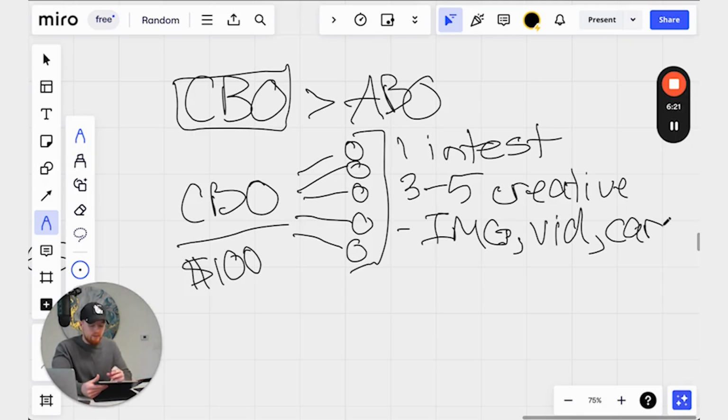So if I'm running a product that can be sold with image ads, I'm going to run image ads in a separate campaign than I would with video ads. If I am running a product that needs video ads, I'm going to run a separate campaign with just the video ads and separate them from the image ads.